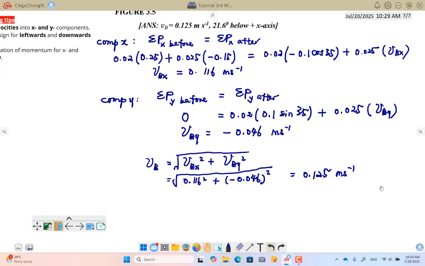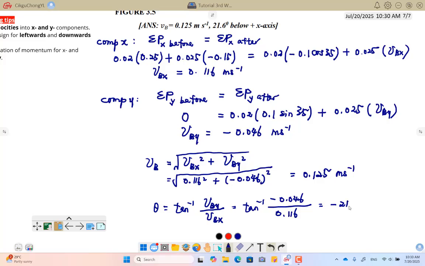How about the direction of ball B after collision? So the direction of ball B after collision I can determine using shift tangent VBY over VBX. So I'm going to have shift tangent negative 0.046 over 0.116. So I'll get the angle will be negative 21.6 degrees.